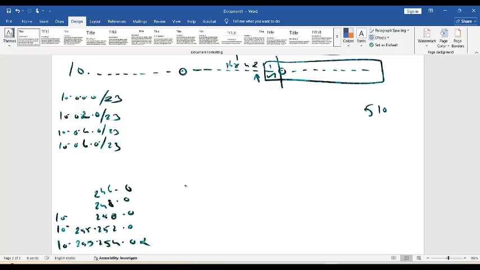I subtract by 2. You understand? Yes, sir. I subtract by 2 in this octet because in this octet I added by 2 when I come from top.